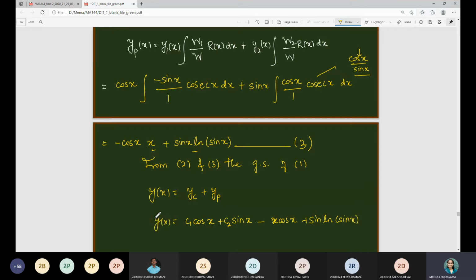So this is what the general solution of the non-homogeneous differential equation will be.